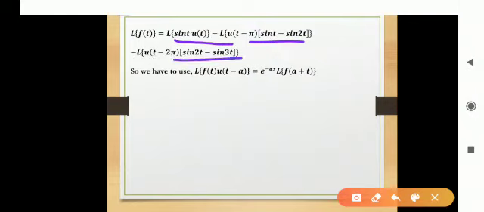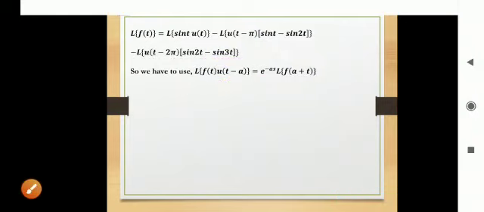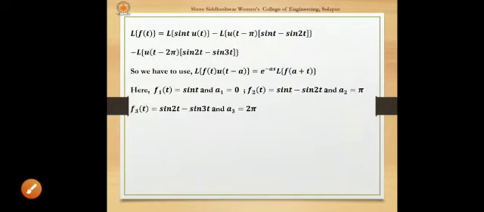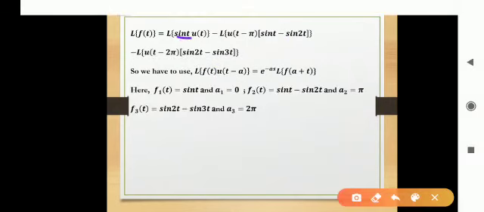the function is in the form f of t into u of t minus a, and then we have to use this Laplace transform result. So for this, first we will identify the f of t and a values in these three terms on the RHS. For the first one, sin t is f1, and t minus 0 is there, so a1 is 0.